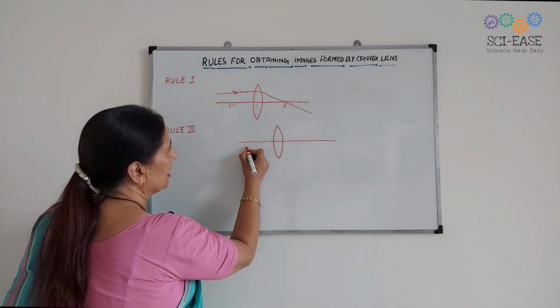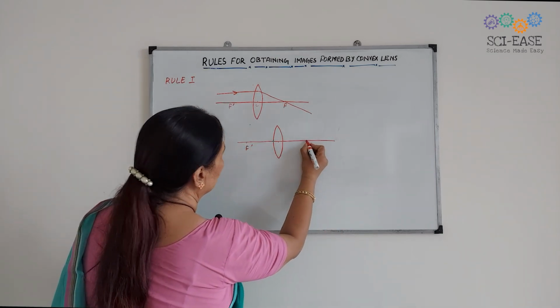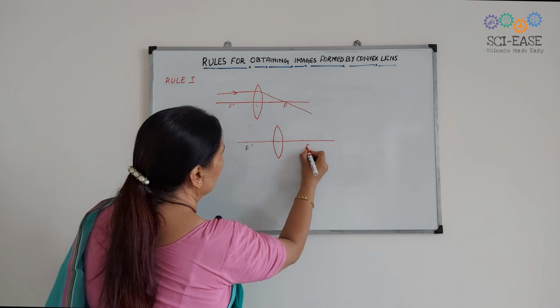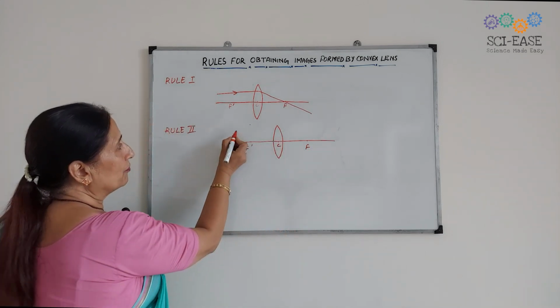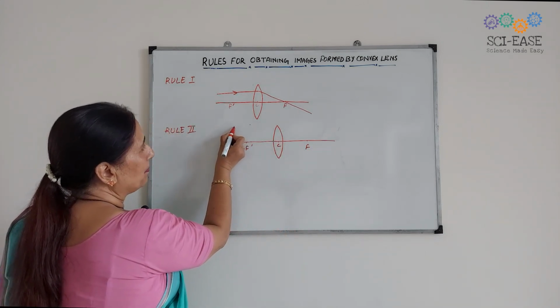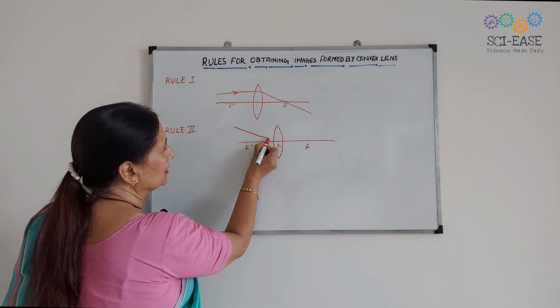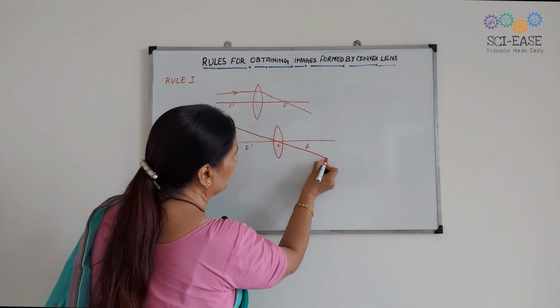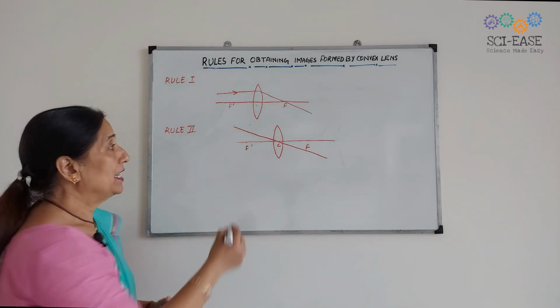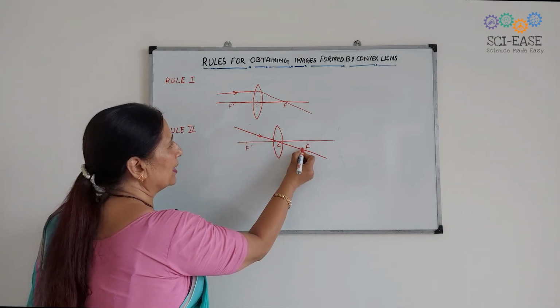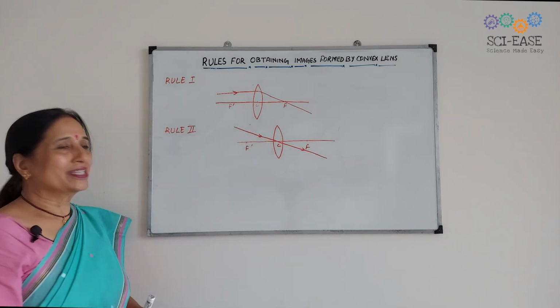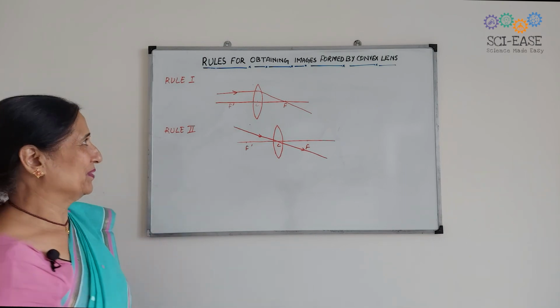This is F dash. This is F. This is C. So when the ray passes through the optical center, it will not be deviated. It will go straight. So this is the second rule.